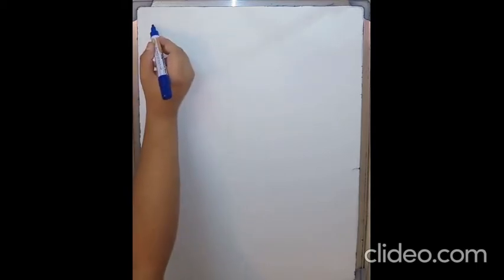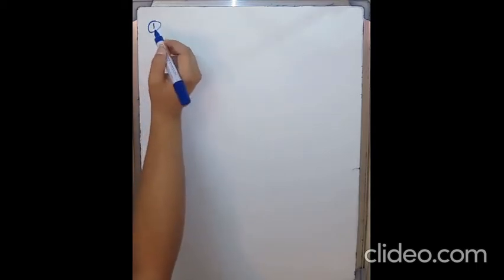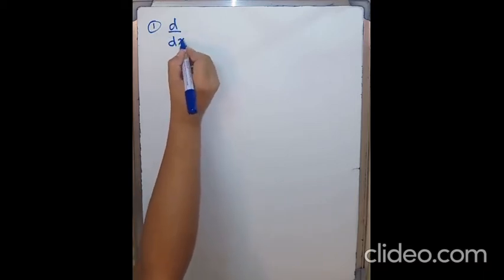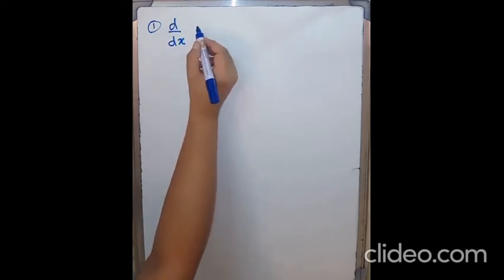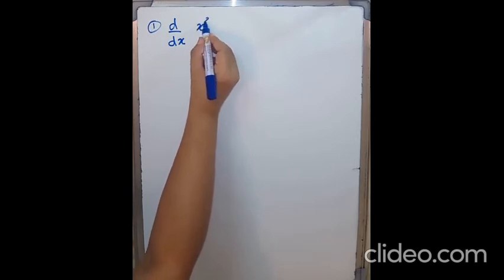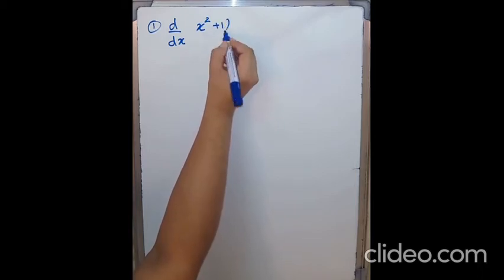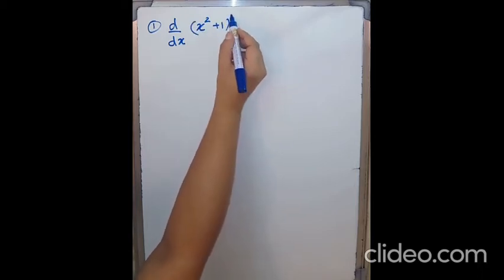Example number 1. d by dx of (x square plus 1) power 3.